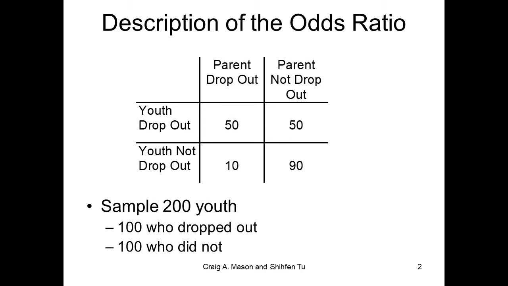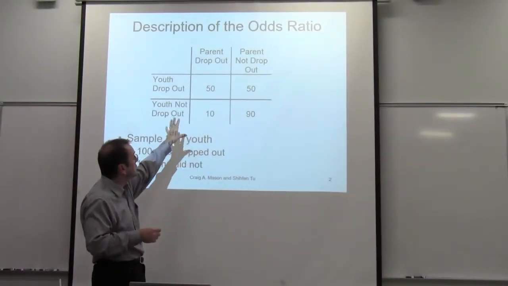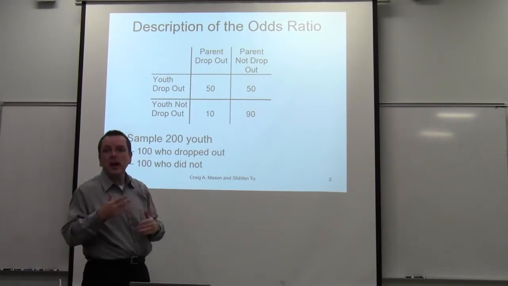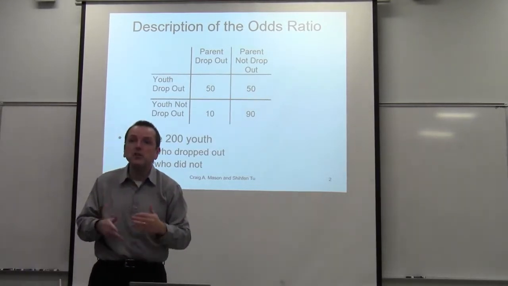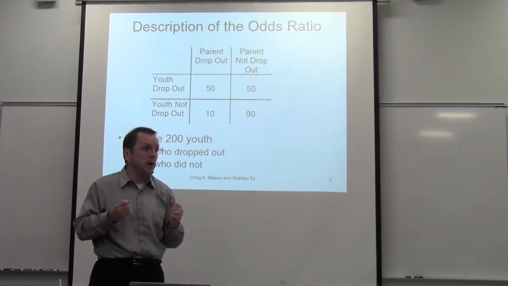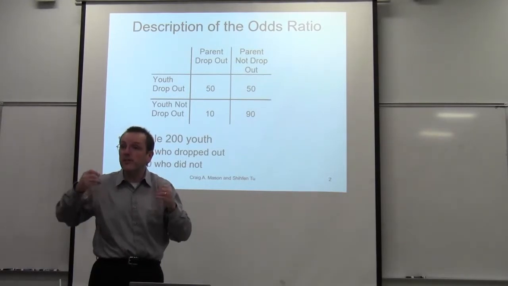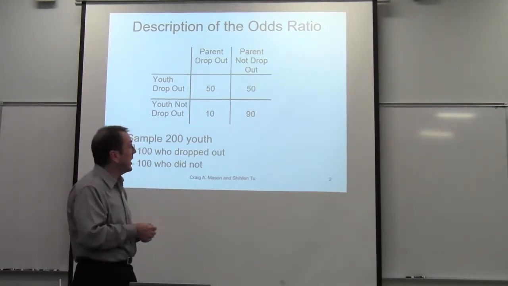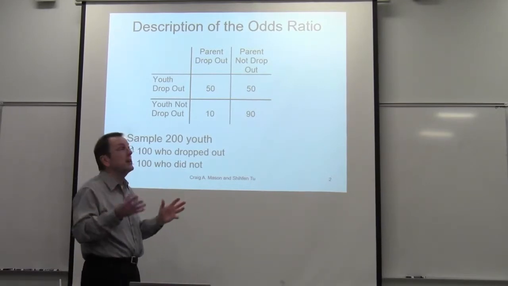Before moving into that, let's start with a simple illustration. This is not a logistic regression, but it's going to introduce us to a measure of effect that we see in logistic regression called the odds ratio. This is a new measure of effect that you will see in logistic regression.